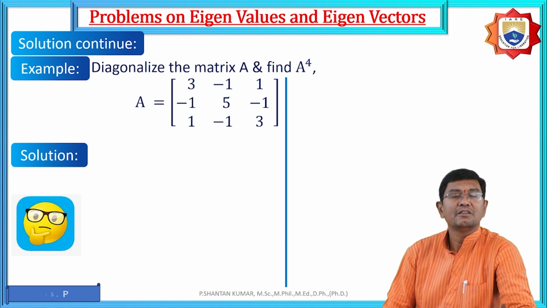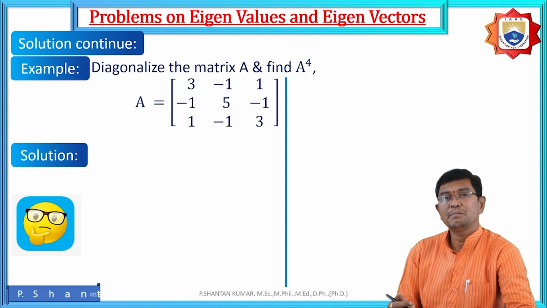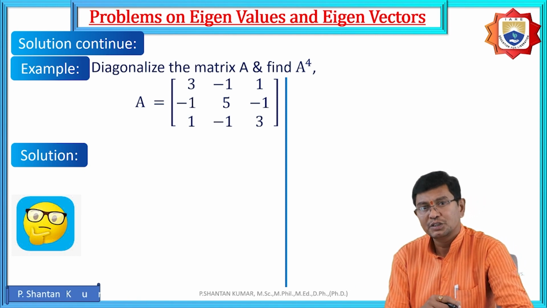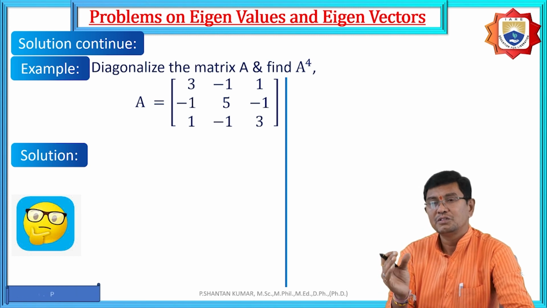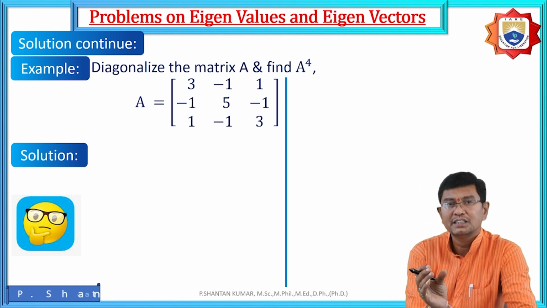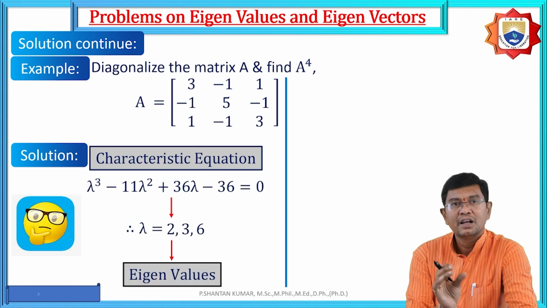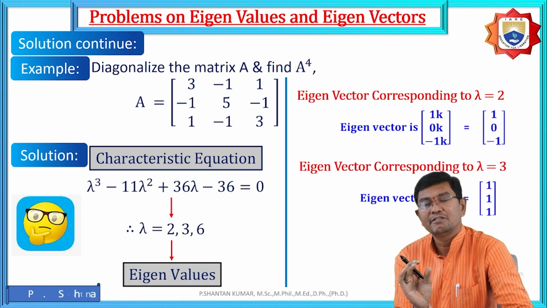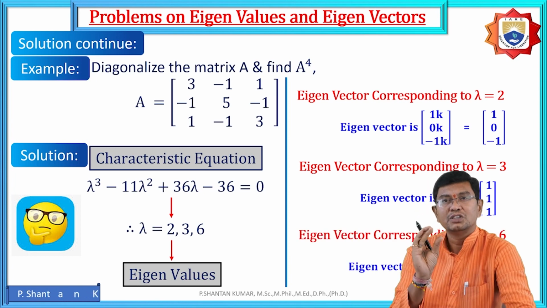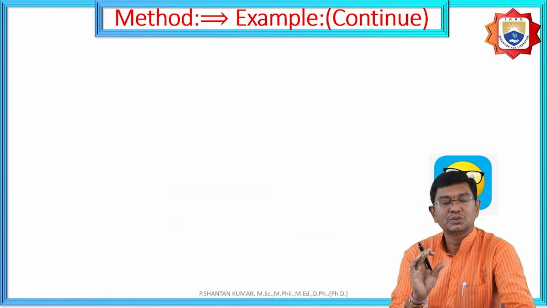Based upon that, we need to proceed further. The next step is that whatever eigenvalues and corresponding eigenvectors we get, we should put them within a matrix, the matrix P. Therefore, here the eigenvalues are 2, 3, 6 and the corresponding three eigenvectors, each 3 by 1, are 1, 0, minus 1; 1, 1, 1; and 1, minus 2, 1.